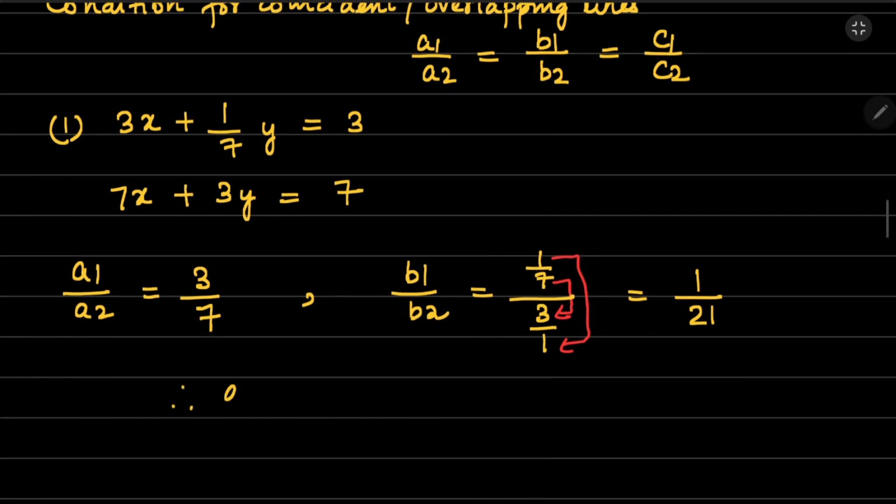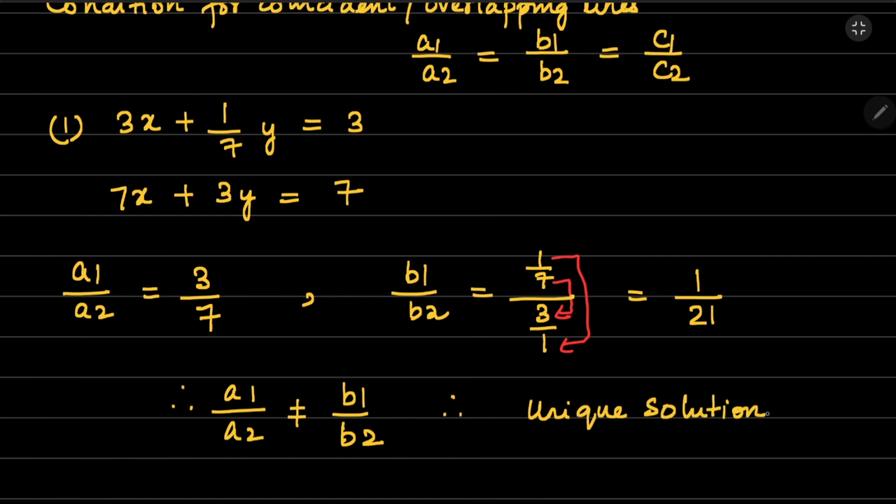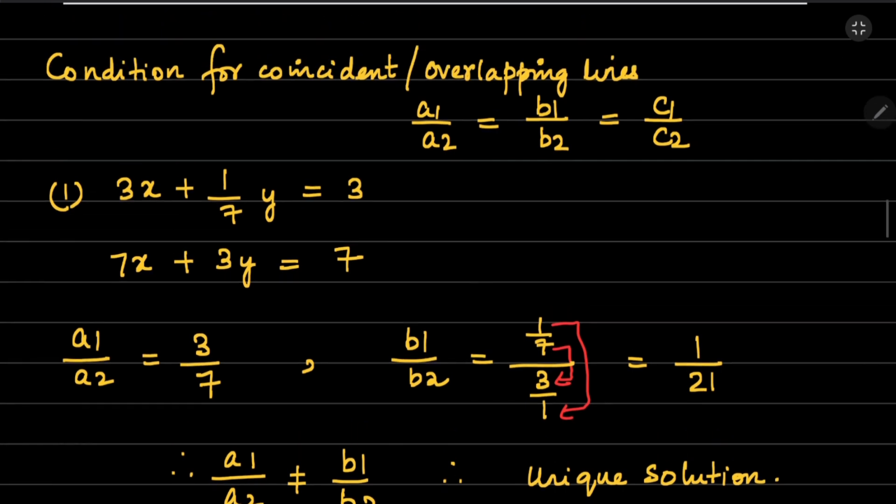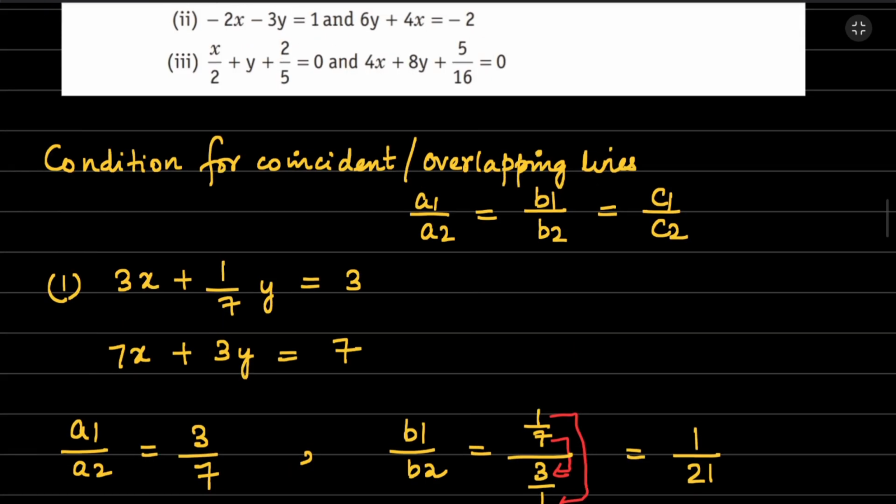Therefore, since A1 by A2 is not equal to B1 by B2, it is a condition of unique solution, which means the lines would intersect at a point. So this is the first one. It is not satisfying the condition of coincident lines.